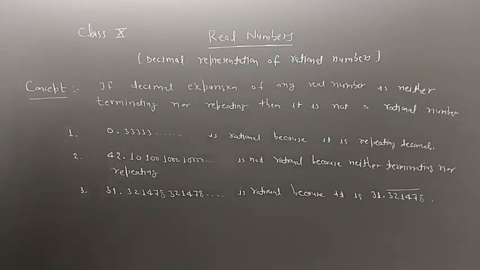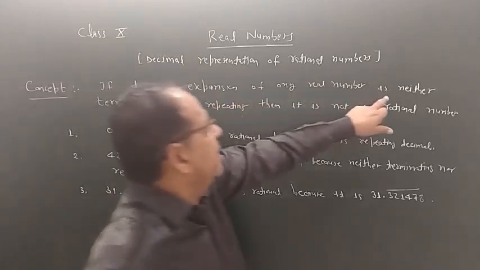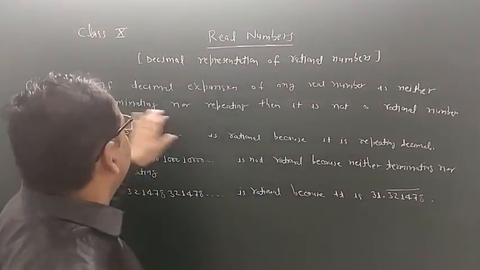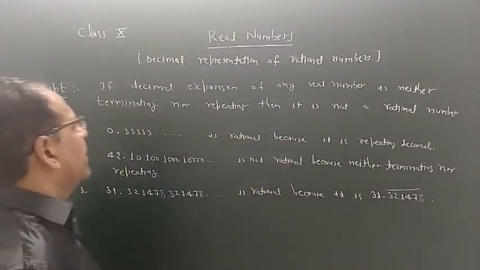Now one more concept. If the decimal expansion of any real number is neither terminating nor repeating, then it is not a rational number. Okay?